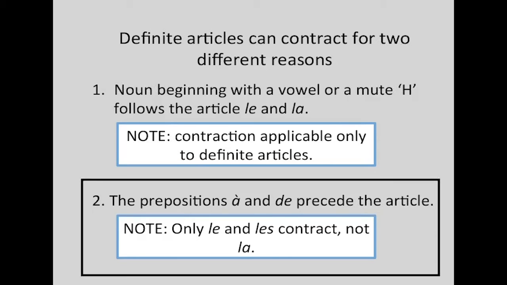The second case when definite articles contract occurs when the prepositions à and de precede the article. In such cases, only the articles le and les contract, but not la.